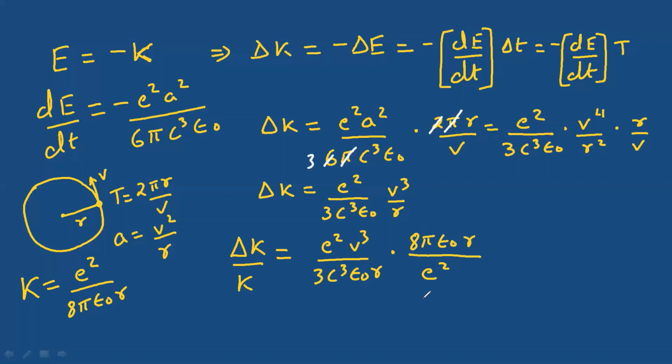Okay, so from here you could clearly see that the r gets cancelled. What else is getting cancelled? E squared, and epsilon naught, right?